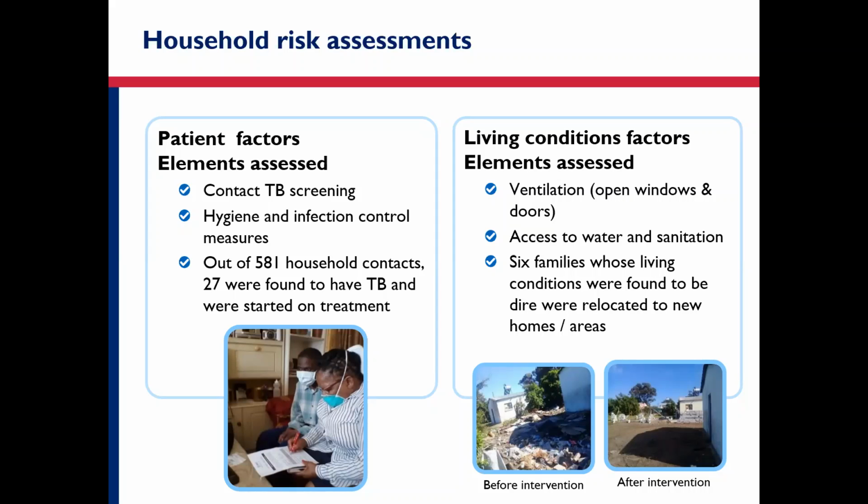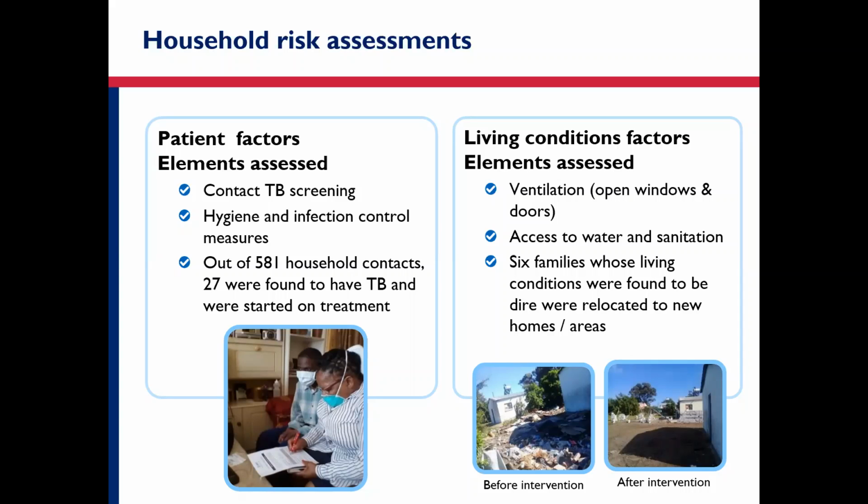The picture on the bottom of the screen that shows the before and after, that was the intervention of the social worker, whereby the social worker mobilized neighbors in the area. So this house is a house of a TB patient, and somehow down the line, people were just dumping their trash around the house.